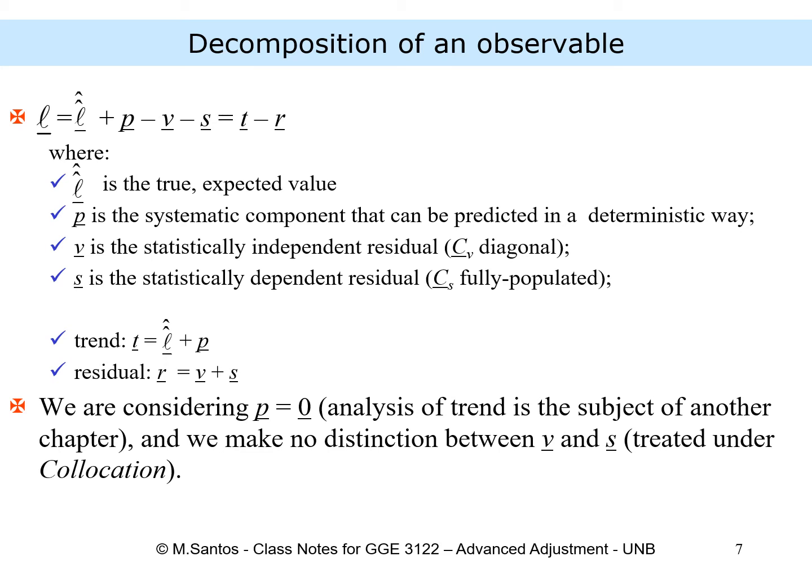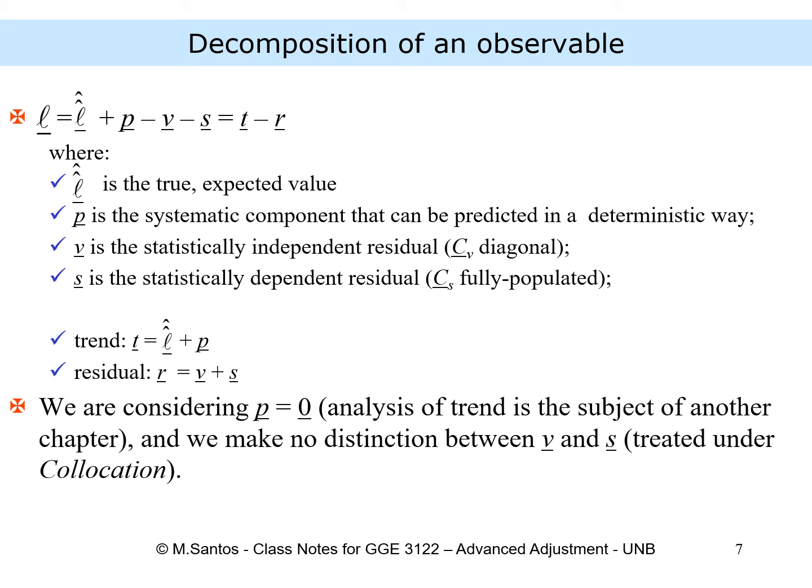A series of observations, L bar, can be decomposed as L bar equals L double hat, which is the true value of the quantity, plus P. P represents the systematic component that can be predicted in a deterministic way, minus V minus S, where V and S are residuals, but they are different.